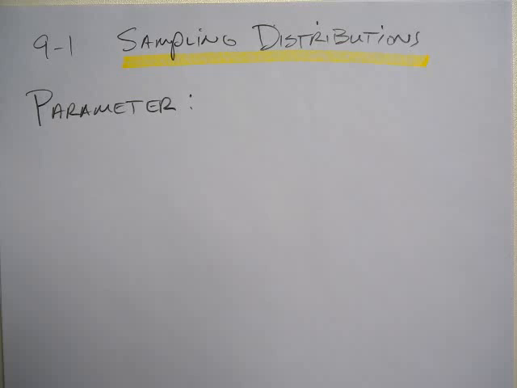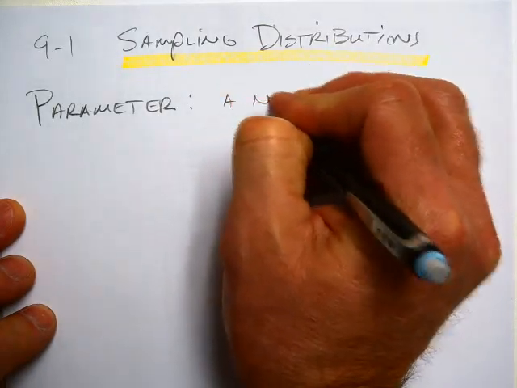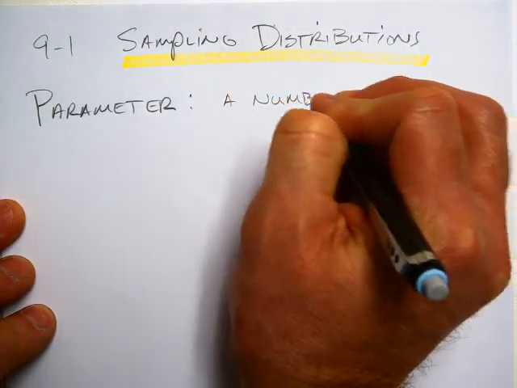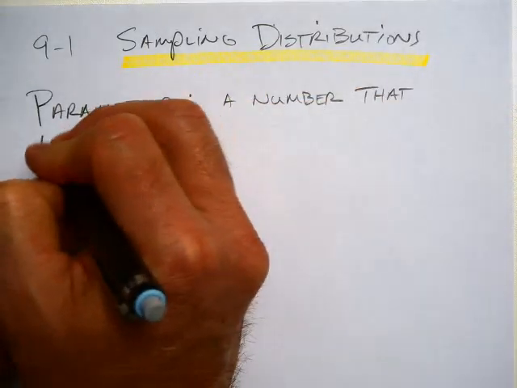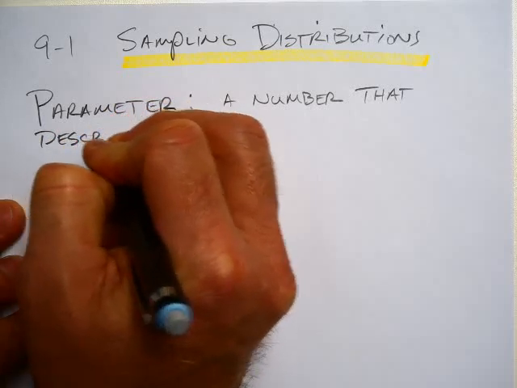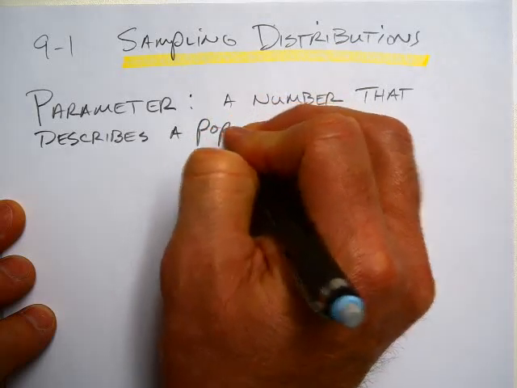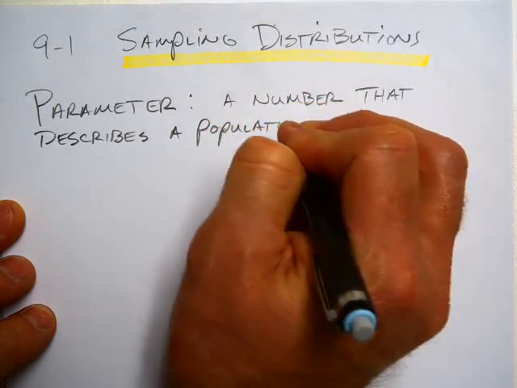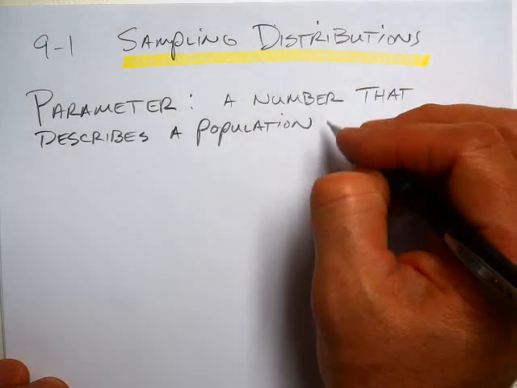No, it's okay. That was a long time ago, right? A parameter is a number that describes a population. Leading up to this chapter, whether something was a parameter or a statistic was a little less important, but now it's going to become more important.